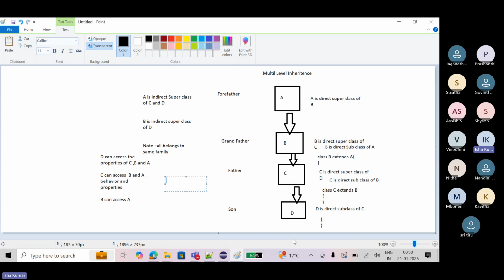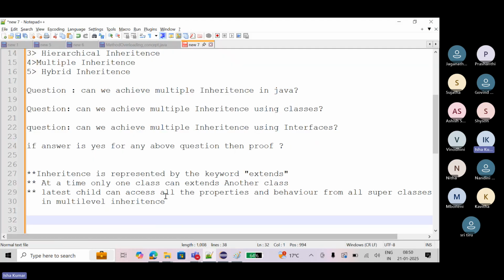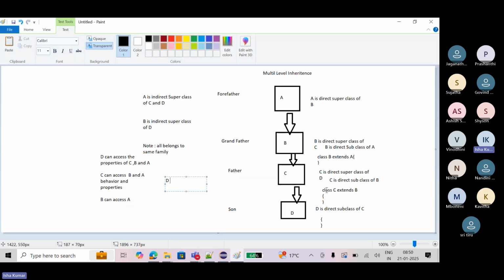Simply create the object of only one class. See, the latest child can access all the properties and behavior from all superclasses in multi-level. So if you create an object of class D, you can access all the properties and behavior from C, B, and A. So what is the use of creating objects of those classes? That is reusability, right?